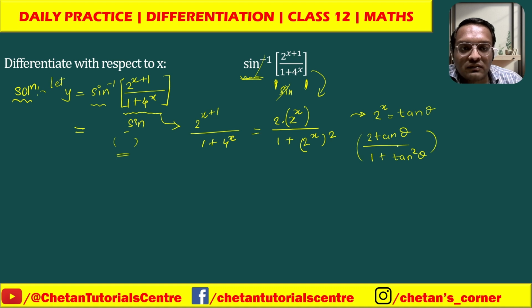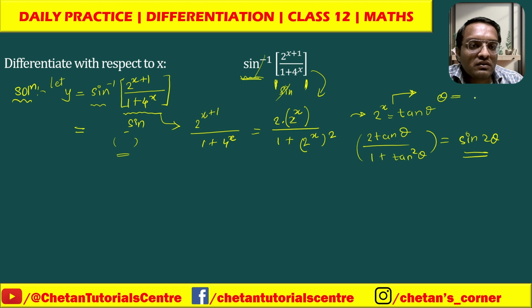Now this entire term is equal to sine 2 theta. From this equation we find the value of theta, that is equal to tan inverse of 2 raised to x.